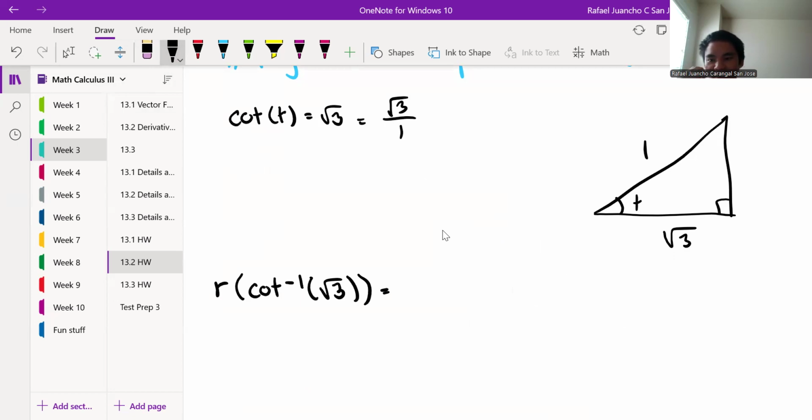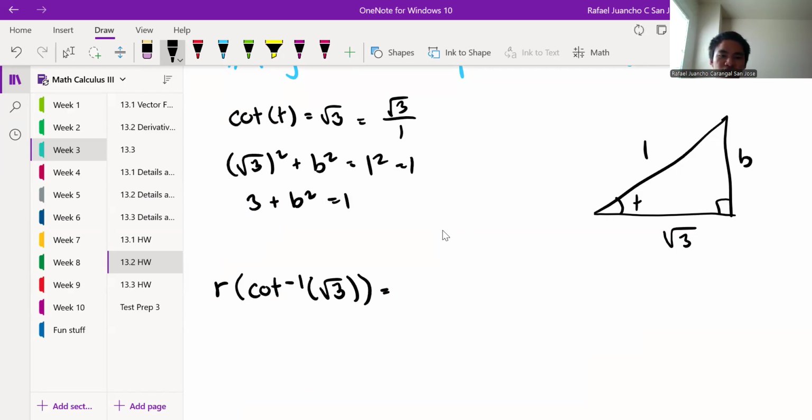Now we can get the corresponding side because we need that. So the corresponding side is just going to be, well, this thing squared, let's say this is b, plus b squared equals 1 squared, which is just 1. So we have 3 plus b squared equals 1. Ooh.